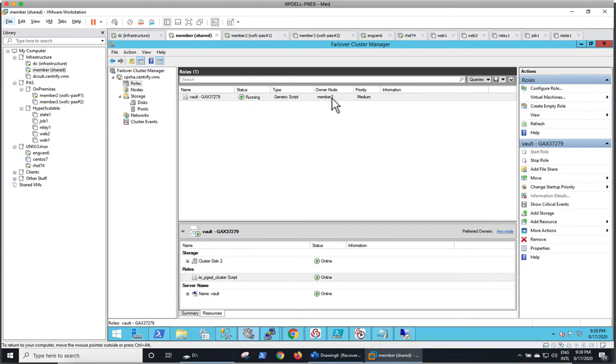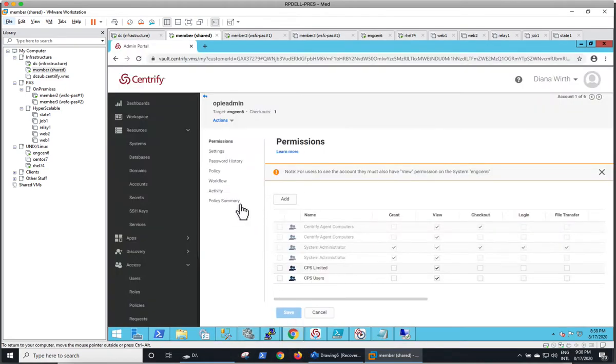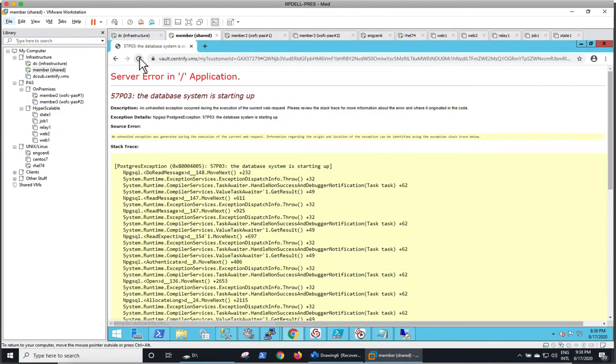And notice that it already went to member 2. So let's take a look. And notice that it's still starting up, right? So the key here is there is a little bit of a delay when you lose a node. And this is more based on the architecture of Windows clustering.